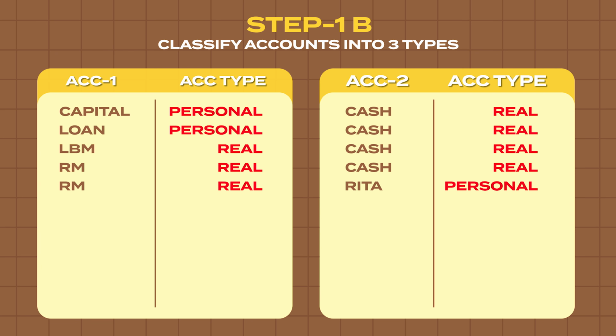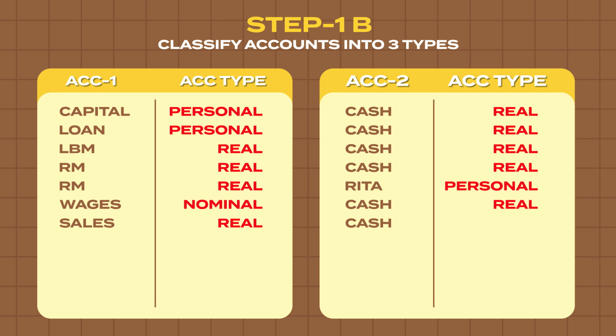Manufacturing expenses, let's imagine manufacturing expenses right now, we are talking about wages. Wages is nominal, cash is real. Sales, again, let's assume you sold goods. So, in this case, it's furniture, so real. And cash is real. Sales to Neil, sales and Neil, sales real, Neil personal.